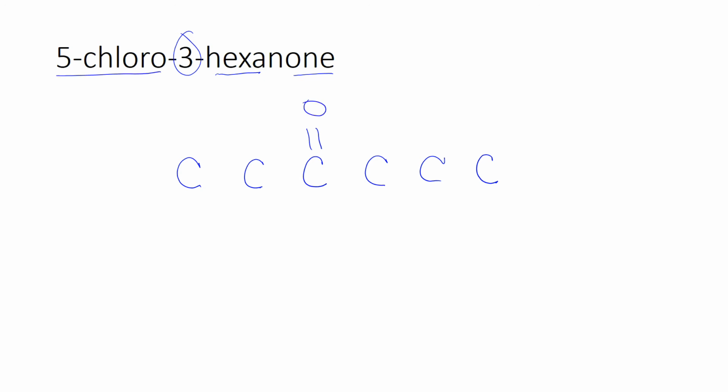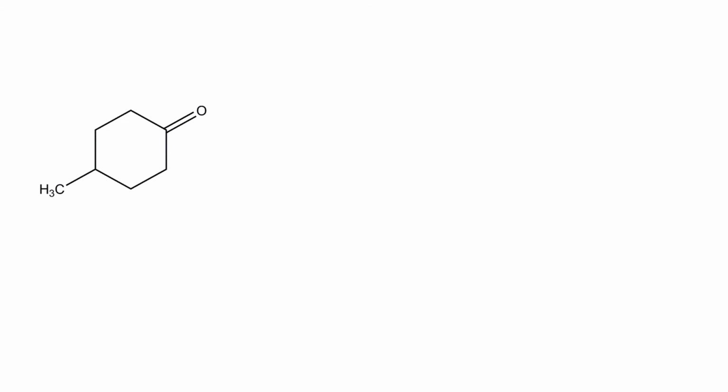And coming off of the 5th carbon, I have a chlorine. And now I'm just going to fill in H's. So I have 3 bonds here, we'll need 1 H. Only 2 bonds, we'll need 2 H's. This carbon's full with 4 bonds, 2 bonds here, and 3 hydrogens there. Okay, so here we have 5-chloro-3-hexanone.